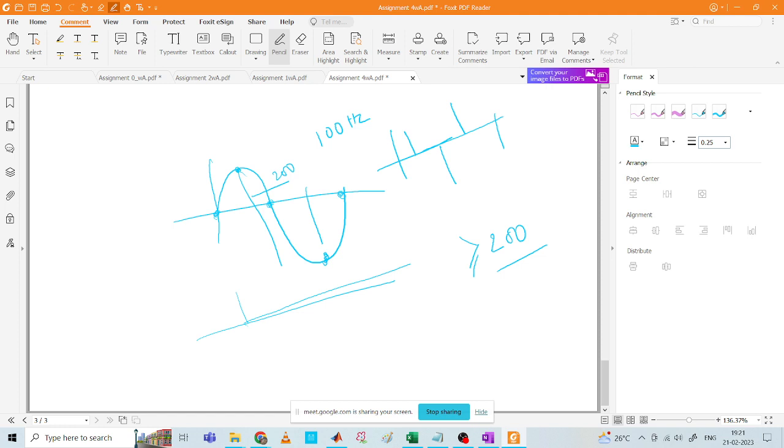You got the funda, no? Why it should be 0, 0, 0? So always remember that in the case of a sinusoid, it should always be greater than 200. Just keep this in mind.